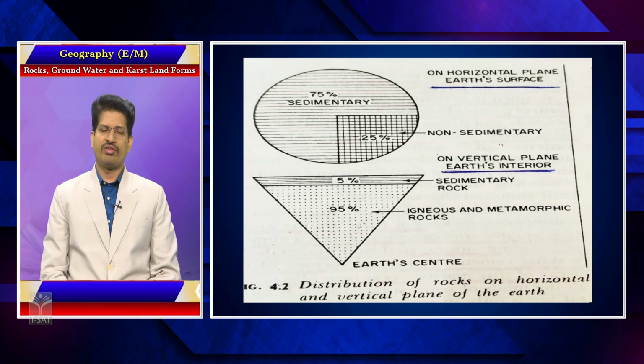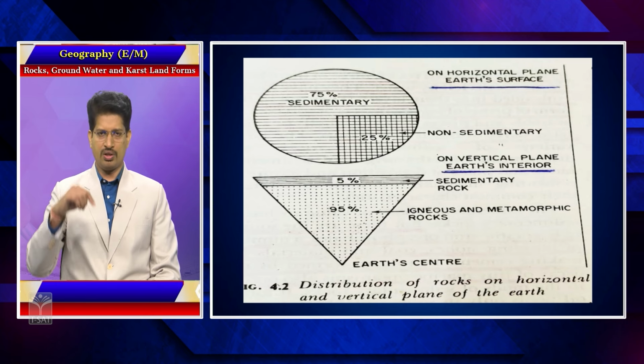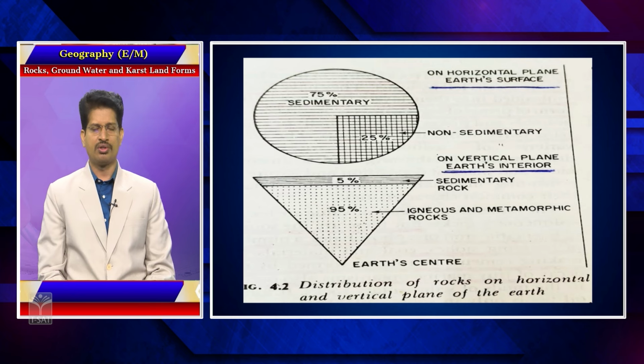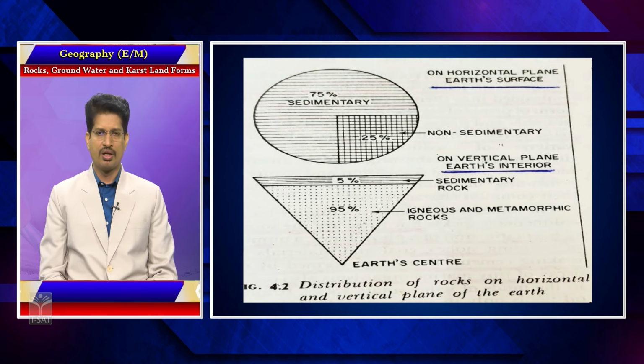Only 25% is covered by non-sedimentary rock. But in a vertical dimension, only 5% of the rock matter, as we go deep, is made up of sedimentary rock. 95% of the rocks are made up of igneous and metamorphic rocks.